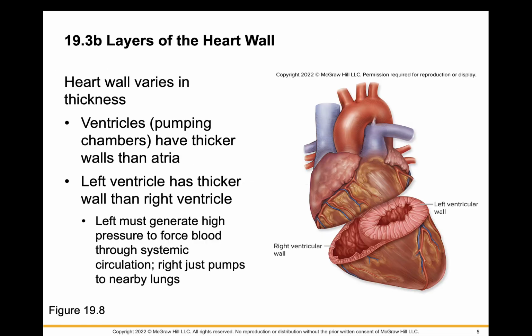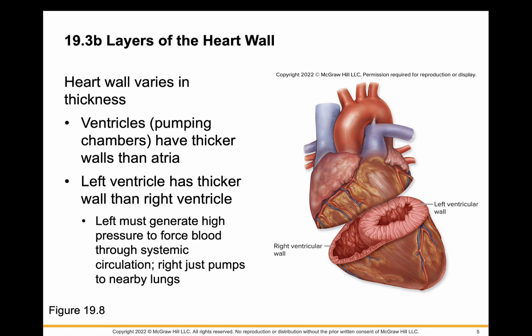Now, when we look at layers, this is something that I tend to ask pretty regularly. When we look at differences between the wall of the right ventricle and left ventricle, what should be obvious, and if we go back to when we were dissecting the fresh heart, I think it was much more obvious than when we looked at the heart models, is that the thickness of the left ventricular wall is so much greater than that of the right ventricle.